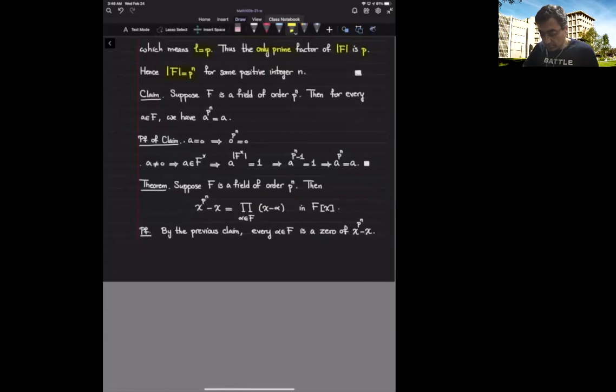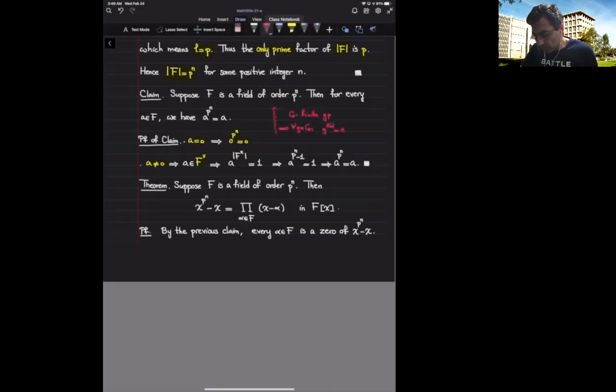If a is 0, then I'm done, because 0 to any power is 0. Now, suppose a is not 0, then it's a unit inside this field. Now I can use the result from group theory that says that if I give you a finite group G, then every element inside this group, when I raise it to the cardinality or the order of the group, I get the neutral element.